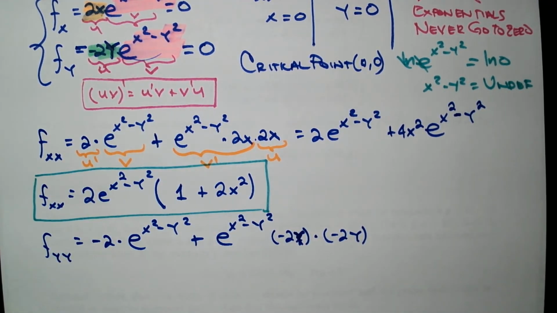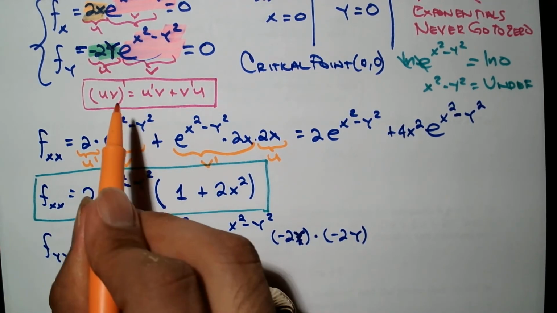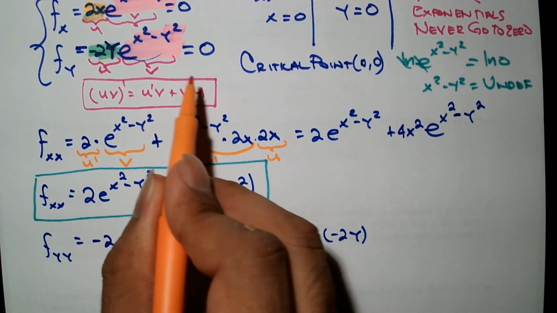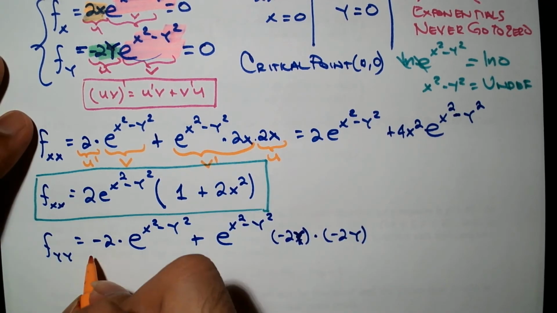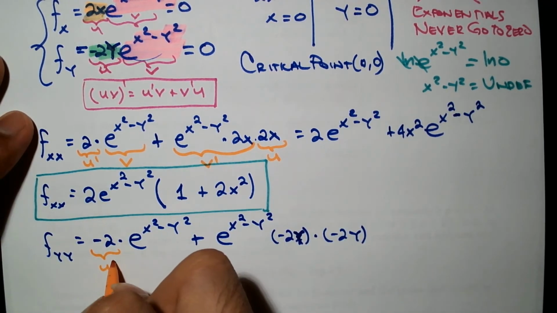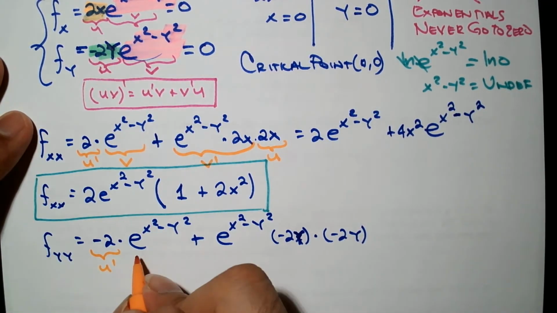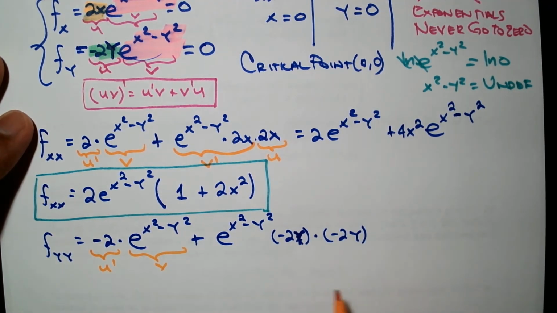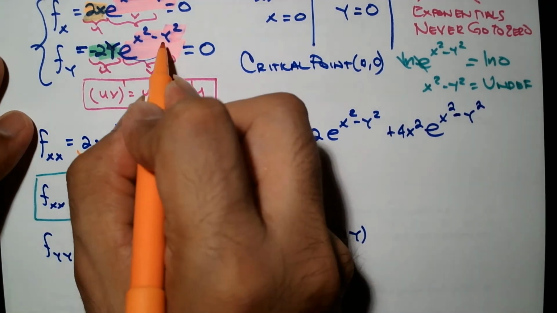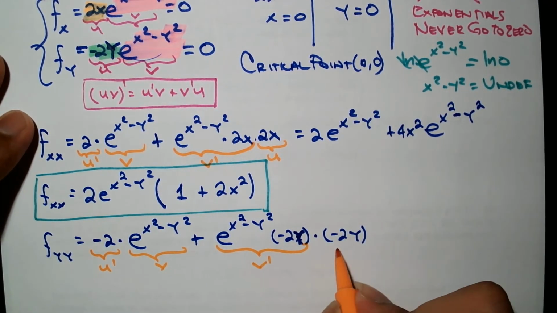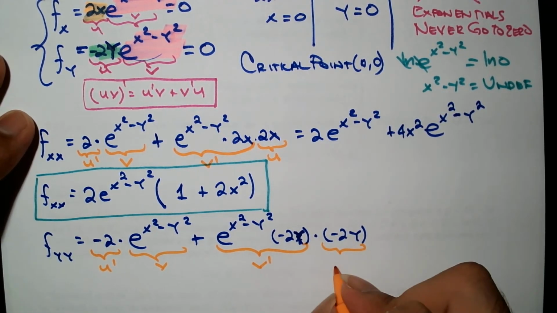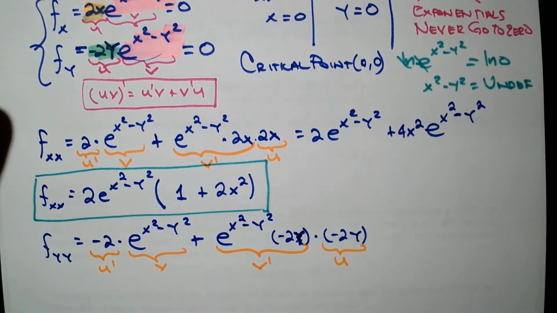Again, let me denote everything I did in terms of the product rule that we have here. Okay, so this is u prime, and this is v. Then this is v prime, the derivative of the second, times just u, which is simply negative 2y.